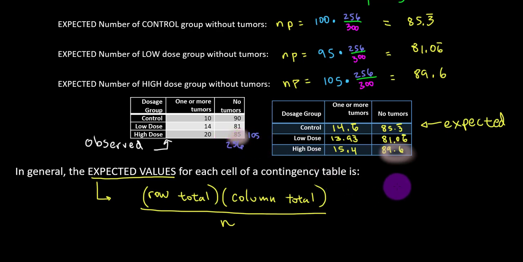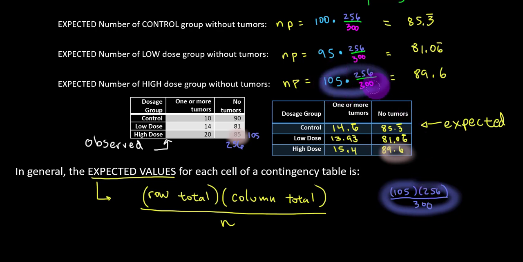So just a quick check here, 105 times 256 divided by n, 300, and just check that those are the same amounts within this product here. So this little shortcut formula can save you a lot of time, so you don't have to consider all the elements necessarily in the expected values. But I did want to show you that there is some rhyme or reason to this formula.